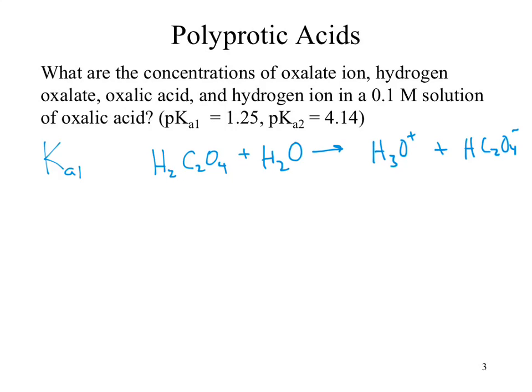What happens with hydrogen oxalate? What's special about hydrogen oxalate? There's a couple things there. It is a base because it's negatively charged, and it's also an acid. How do you know it's also an acid? It has that hydrogen in front of it.